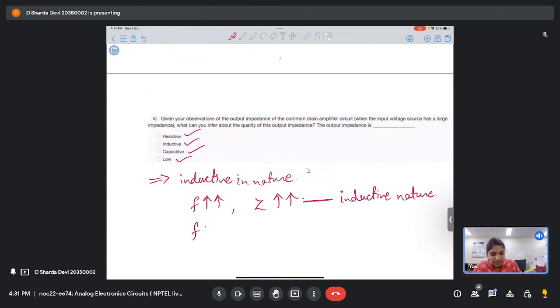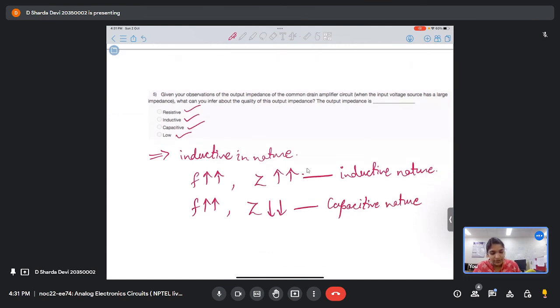If frequency is increasing and your Z is reducing, that means capacitive in nature. And if frequency is increasing or reducing, but your Z remains constant, that means resistive in nature.